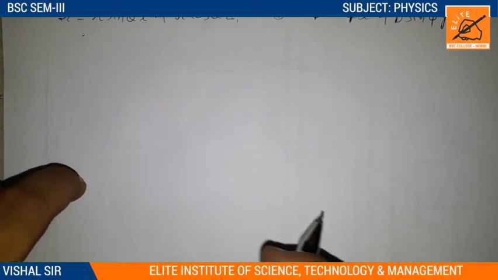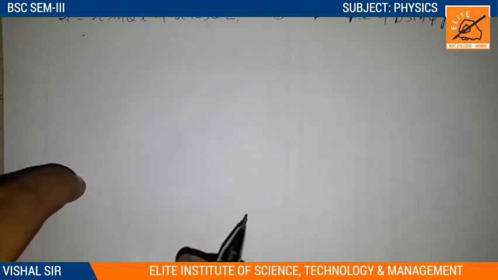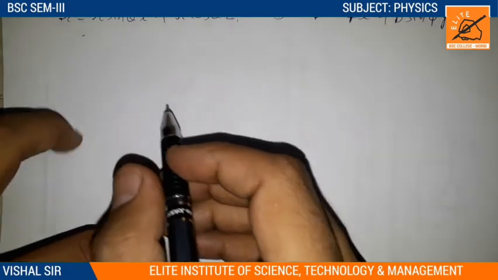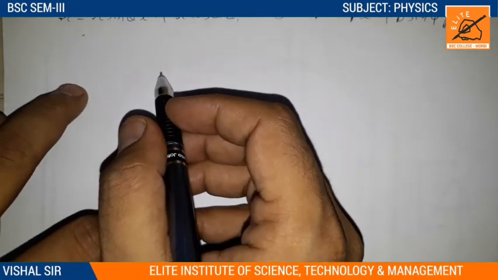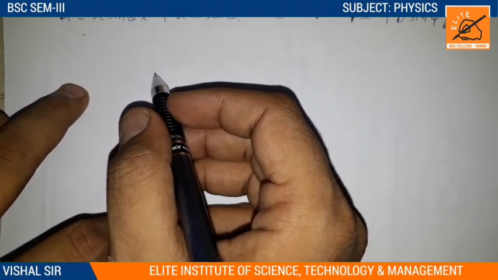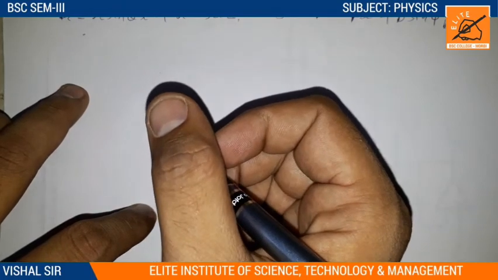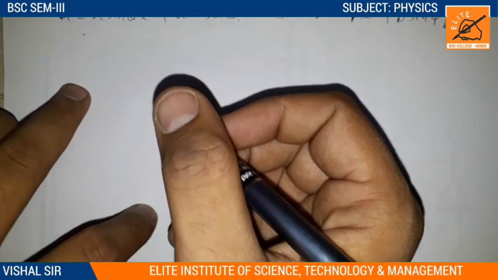So this one is the r and b. Now rb cos psi is equal to rb sin theta into cos phi dash.